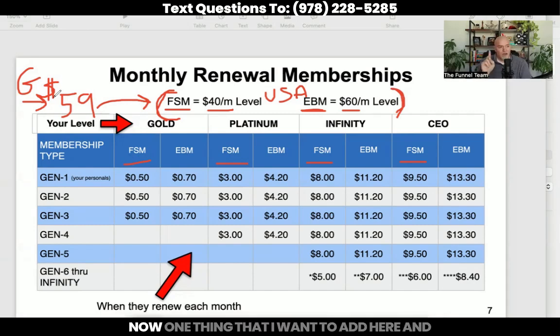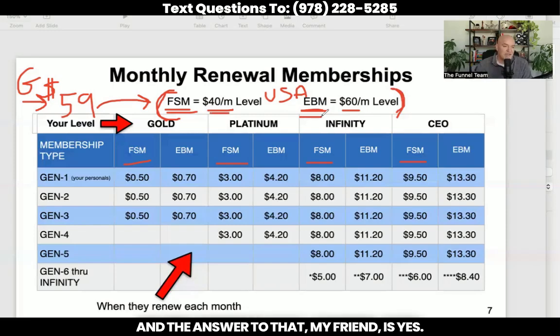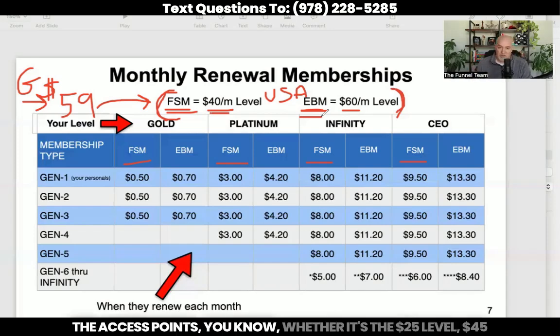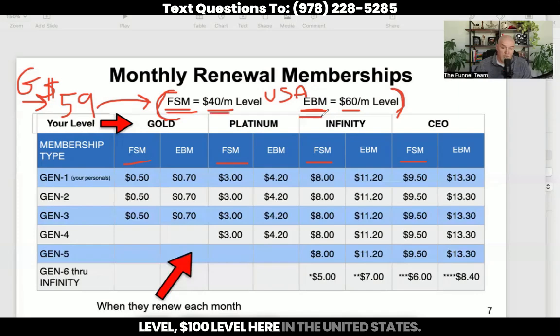Very excited about that. Now, one thing that I want to add here, and I've been getting a lot of questions on this: can an international member market here in the USA, and can they market the traditional US-based FSM and EBM membership levels? The answer to that, my friend, is yes. No matter where you are in the world, you will be able to market all of the access points, whether it's the $25 level, $45 level, or $100 level here in the United States.